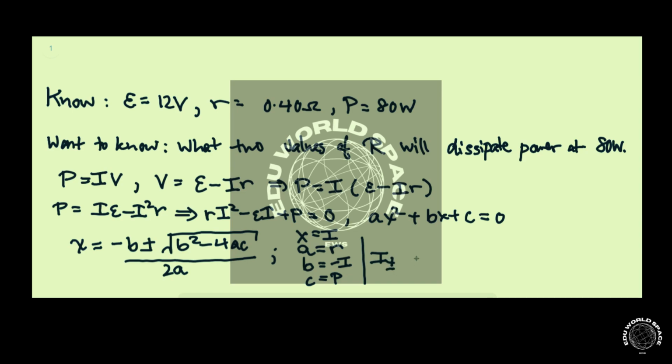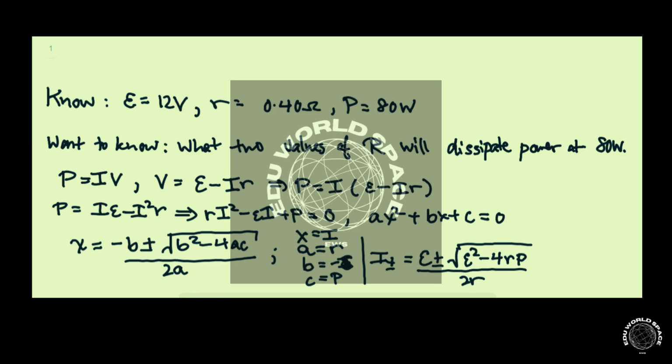I plus or minus is equal to, sorry, there should be E, E plus or minus square root of E squared minus 4 times R times P, divided by 2R.